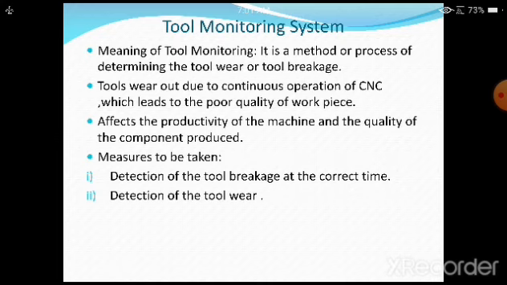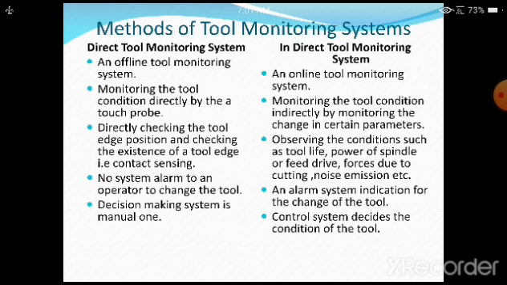Detecting tool breakage at the correct time plays a very important role in the proper functioning of the tools, as does detecting tool wear, that is, whether the cutting edge of the cutting tool has a problem or has lost its efficiency in the machining operation. This can also be carried out automatically in CNC machines.